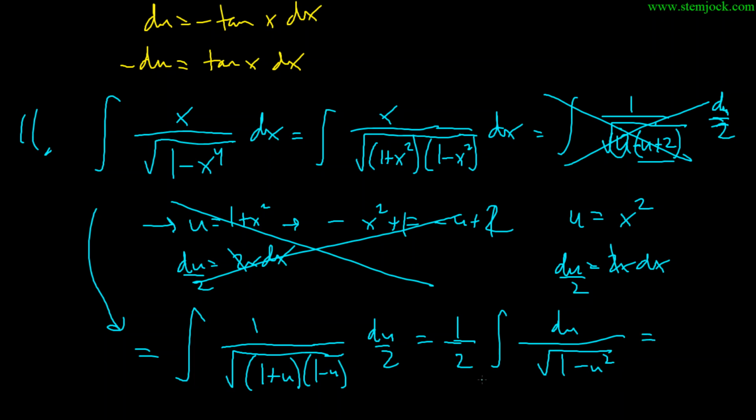Now this integral here is another one that's in the table of integrals. So it's something that you have to memorize, unfortunately. So this is going to be, actually, no, this is negative inverse cosine of u plus c, again, because this is an indefinite integral. And now that the integration is done, we change back to the original variable, which is x. So our final answer is going to be negative 1/2 inverse cosine of x squared plus c.